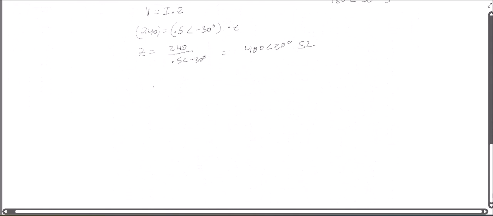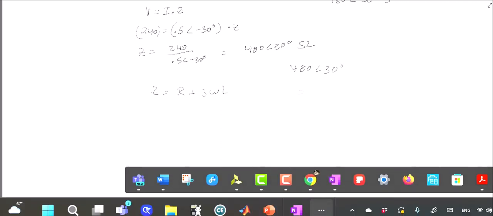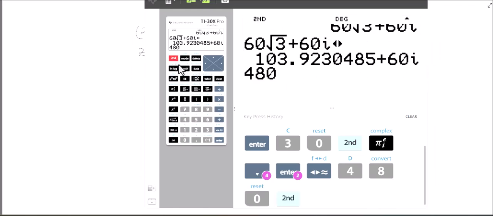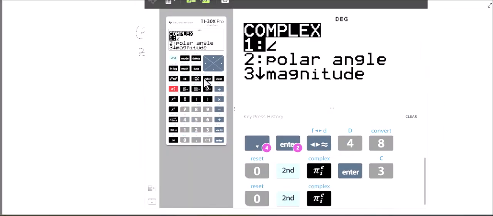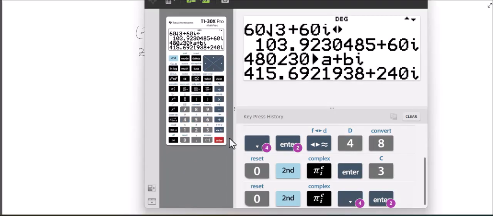So we'd say Z equals R plus J omega L. 480 angle 30 is 415.7 plus J240.